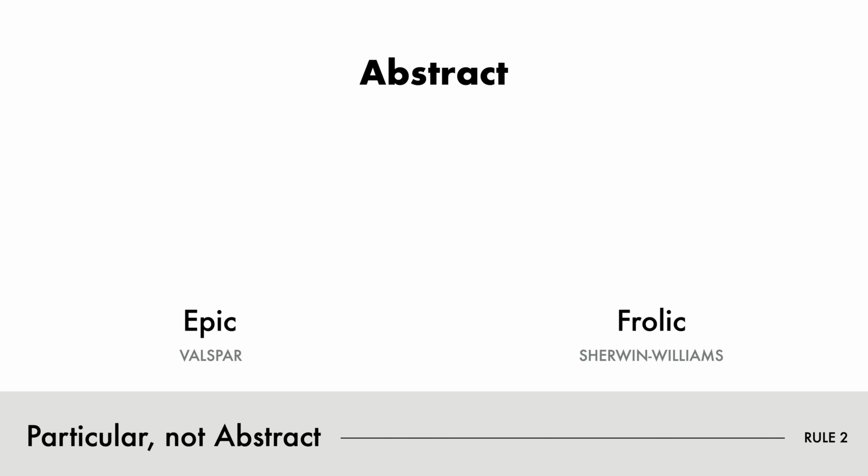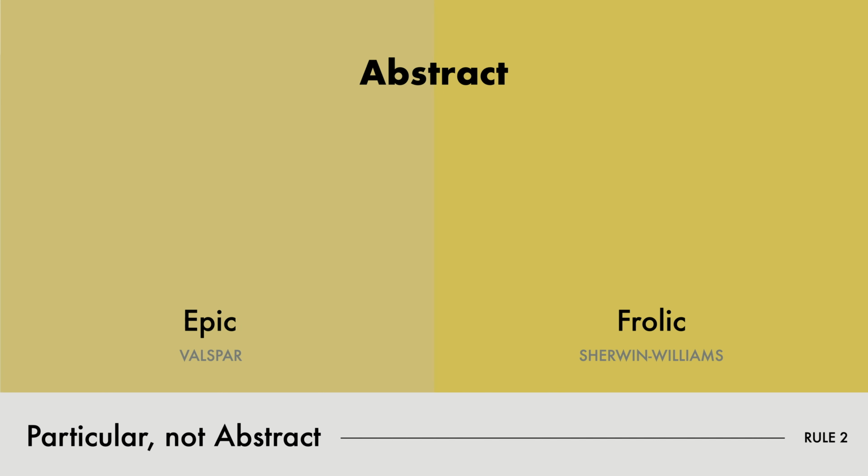But they're probably not these colors, right? And so you want particular words, not these abstract words, because abstract can really apply to anything. Now you can use abstract words, but that's going to come in a later rule that we have.